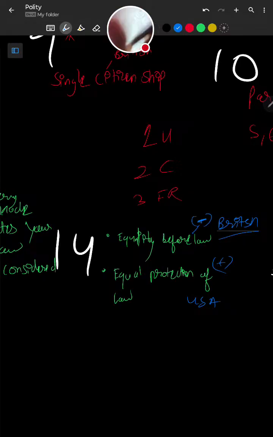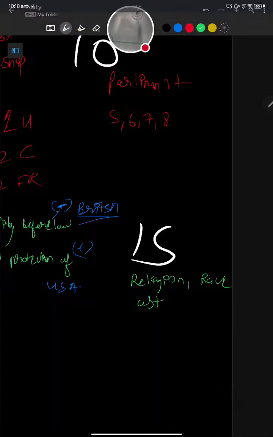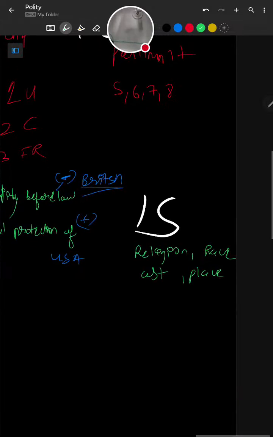Now, Article 15 says there would be no discrimination on basis of religion, race, caste, or place of birth. In this, clause 1 says that the state would not discriminate on these bases. Clause 2 says that no citizen living inside that state would discriminate on the basis of these things.